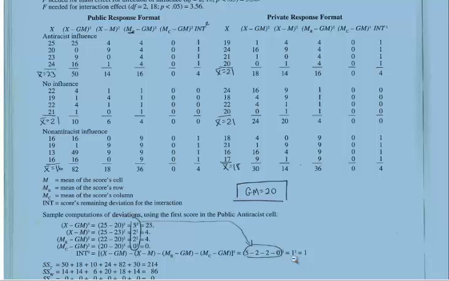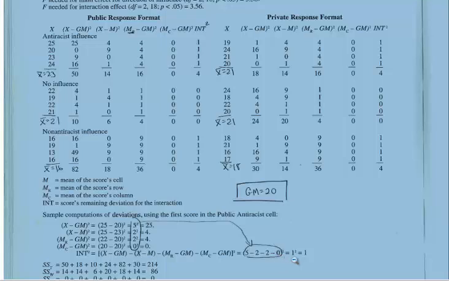We have one unit that is not explained, okay? We have one unit left over that we haven't explained by differences between the score and the cell mean, by the row average and the grand mean, by the column average and the grand mean.